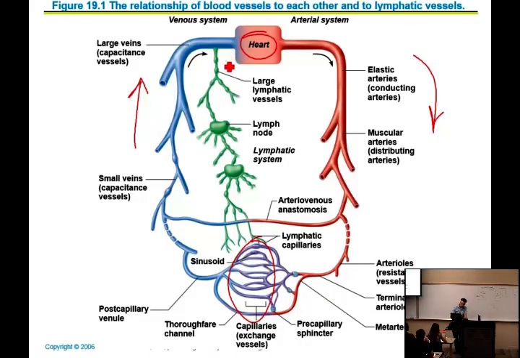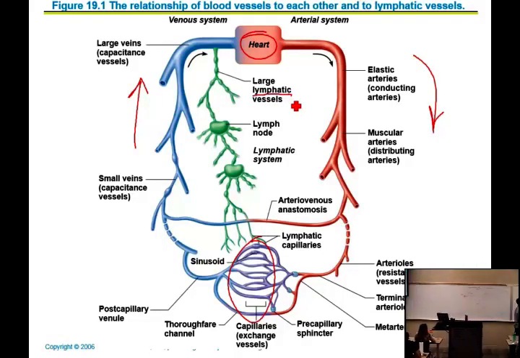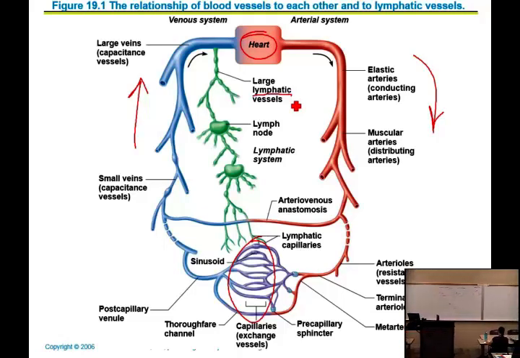So this is one other thing that we talk a bit about in lab today, that there is this behind-the-scenes series of vessels that are called lymphatic vessels that are a separate system from the cardiovascular vessels, but they work with the cardiovascular vessels. So they are in amongst the cardiovascular vessels, and they have a job of kind of being like the cleanup crew for the cardiovascular system.